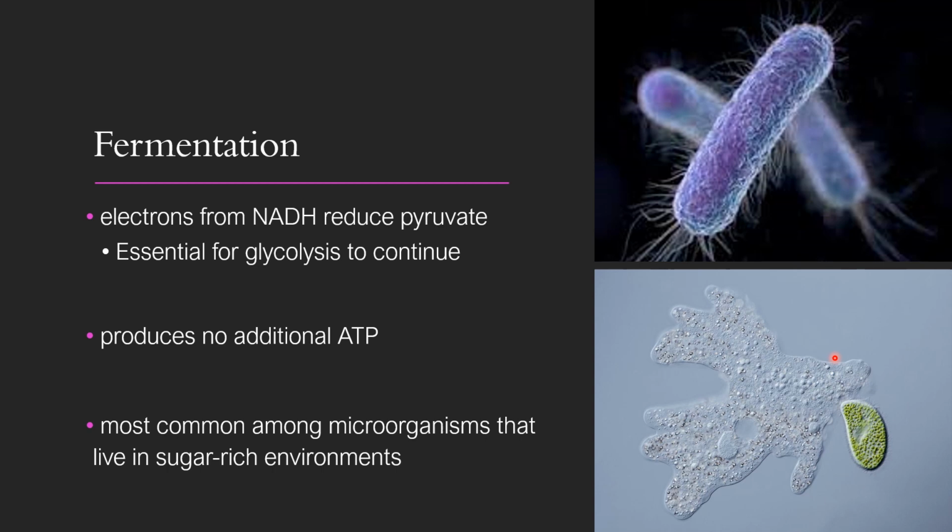Others, including the bacterium Escherichia coli, or E. coli, use oxygen when it is available but switch to fermentation when it is not. Most multicellular organisms, however, require too much energy to rely on fermentation exclusively.